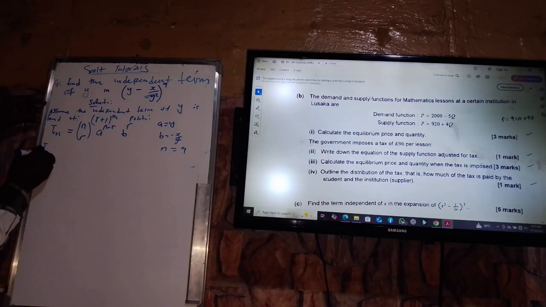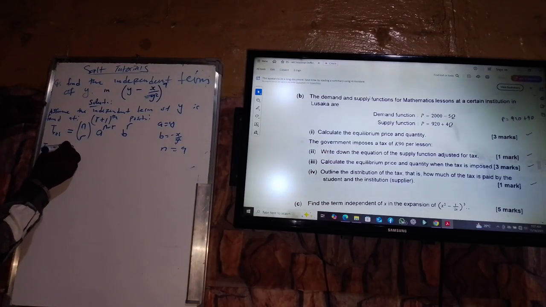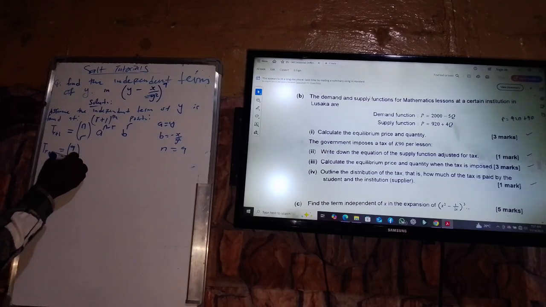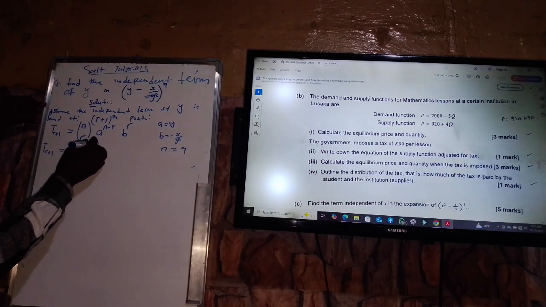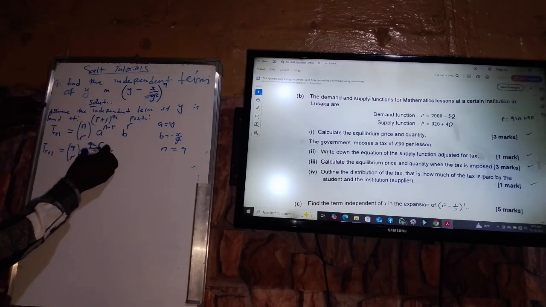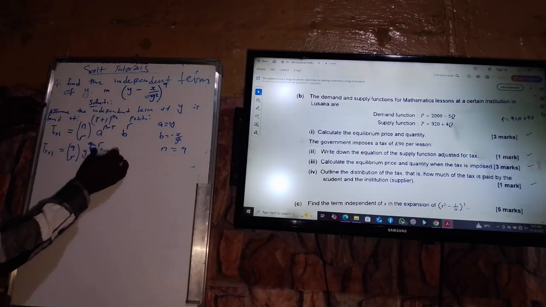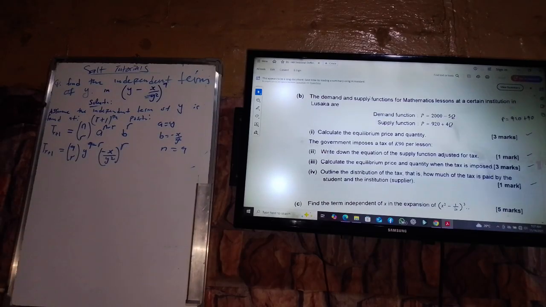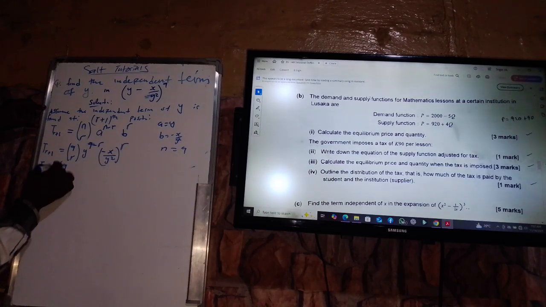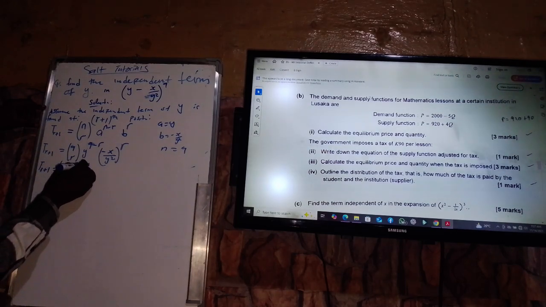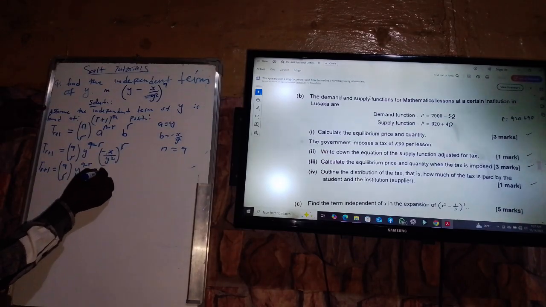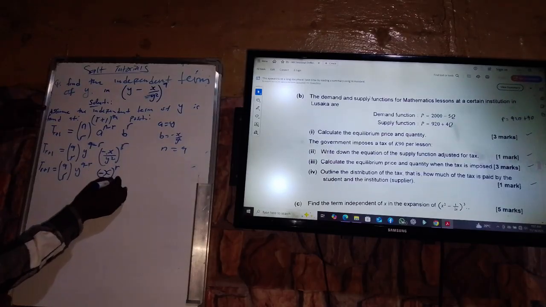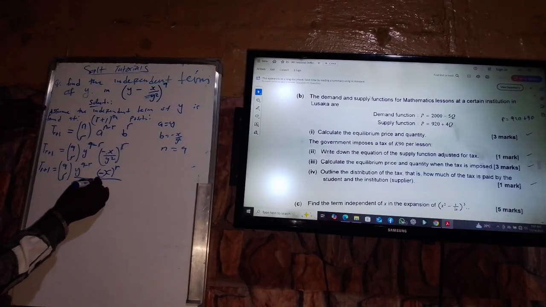We have T r plus 1 equal to 9 combination r, y to the power 9 minus r, times negative x over y squared, to the power r. This r is for the numerator and the denominator, meaning negative x to the power r over y to the power 2r.